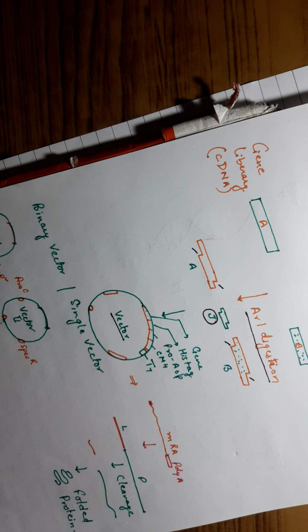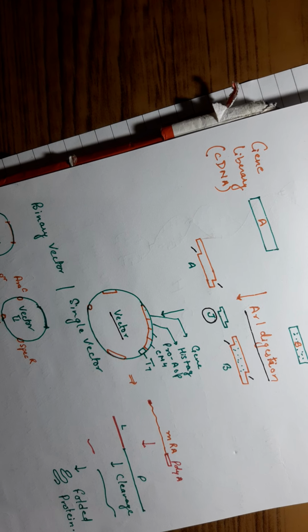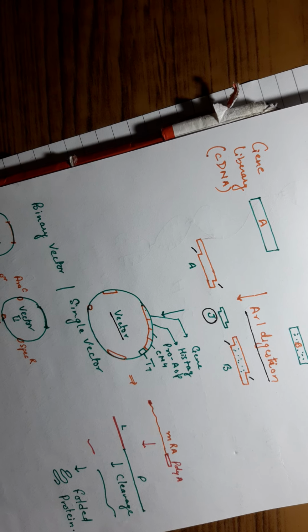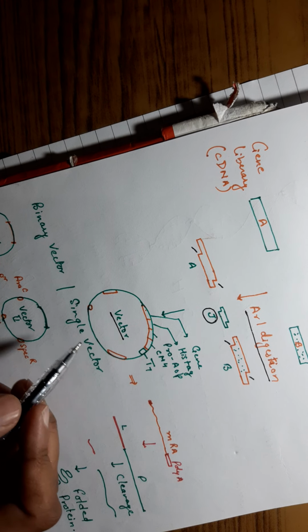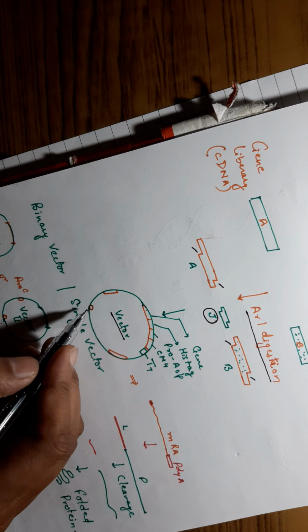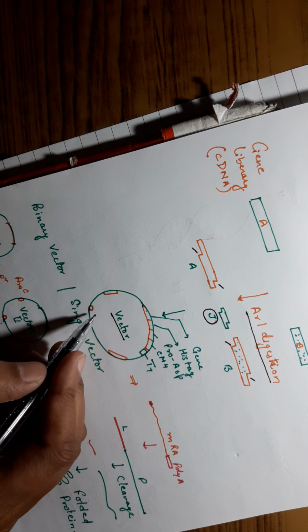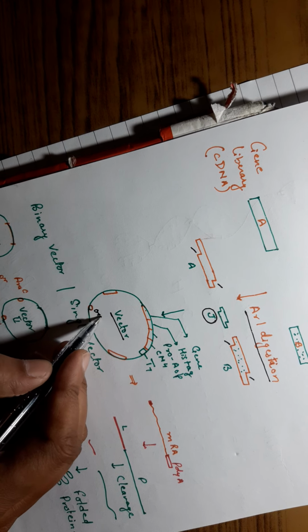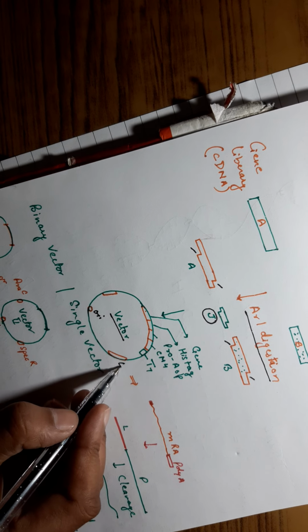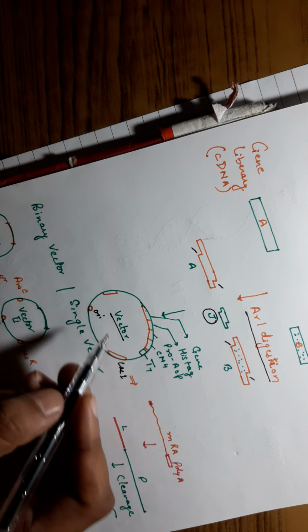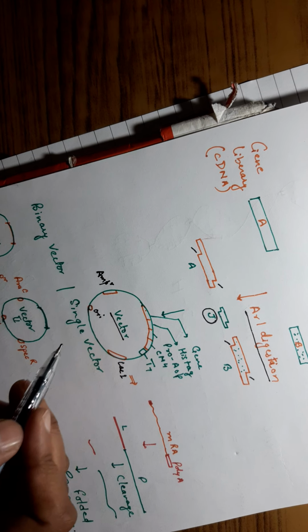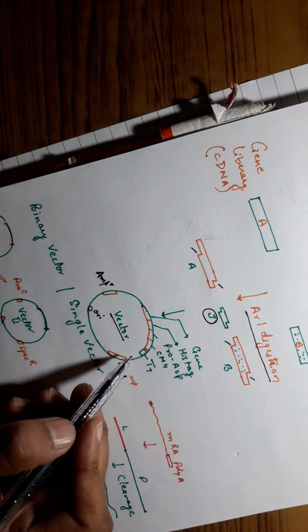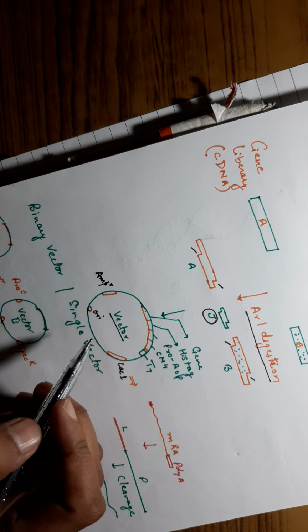This vector can be a bacterial vector, it may be a plasmid, it may be a cosmid, it may be a bacmid. This vector must have, as we all know, an origin of replication. It must have a lacI gene and a marker gene for ampicillin resistance.